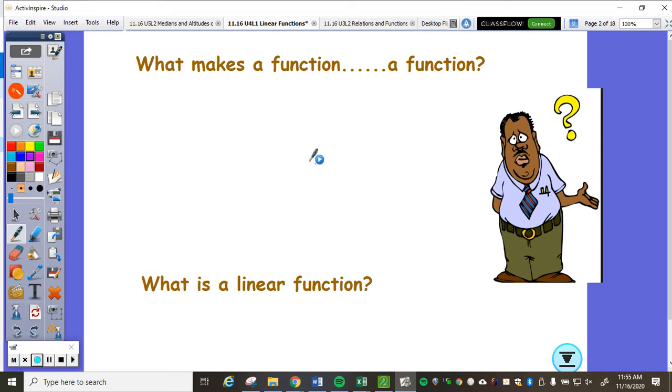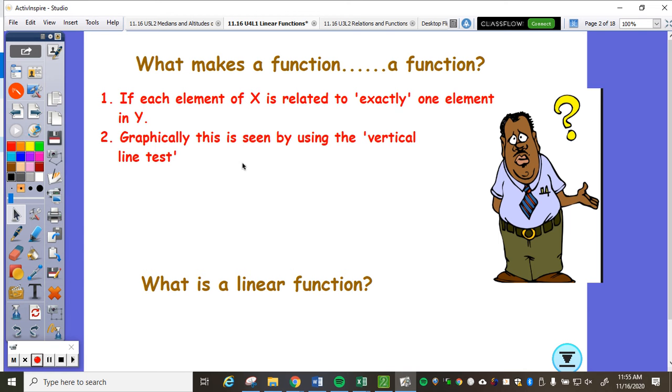Good. Okay, good. So therefore, we just hit those two levels. All right, good. So if each element of x is related to exactly one element of y, and graphically, if it passes the vertical line test, it's a function. Okay? So those are the two ways we have talked about whether or not it's a function or not.